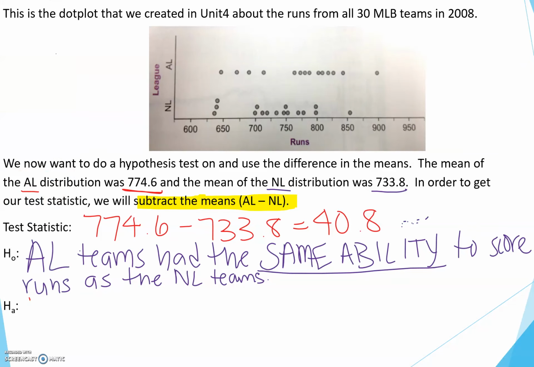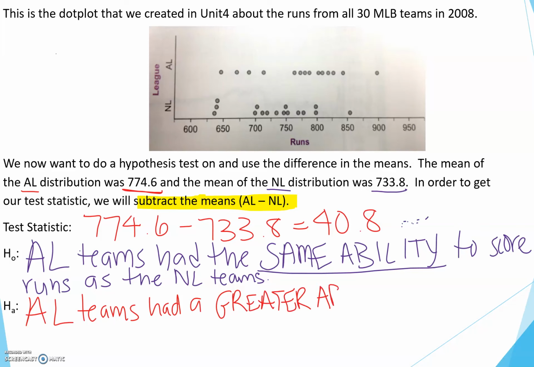And then for our alternative, we see that the American League had a higher mean than the National League. So we're going to say the American League teams had not the same, but the greater ability. Okay, so we're back to that.